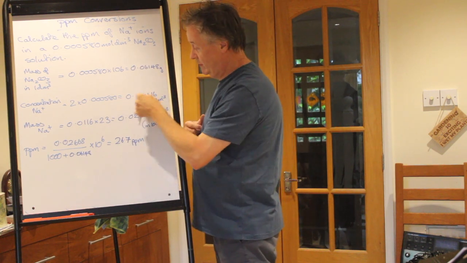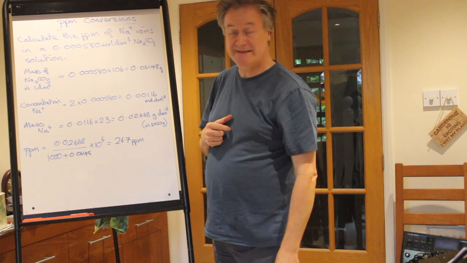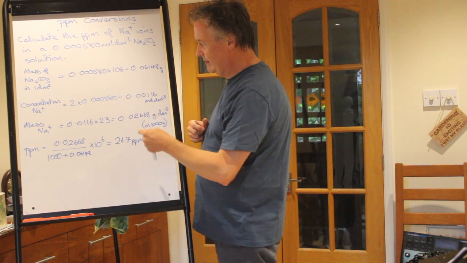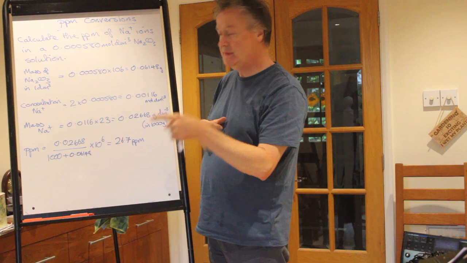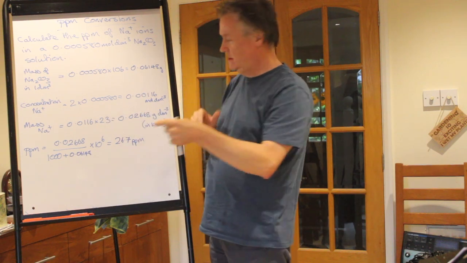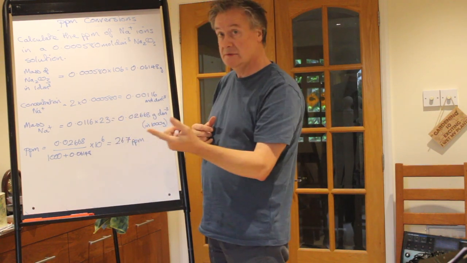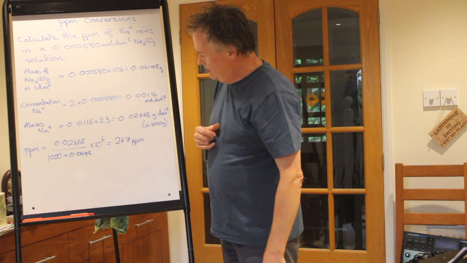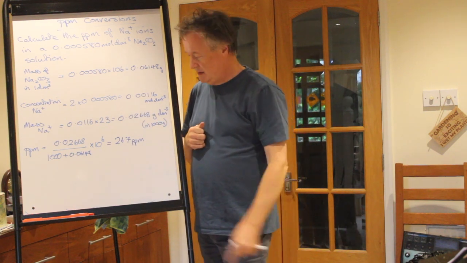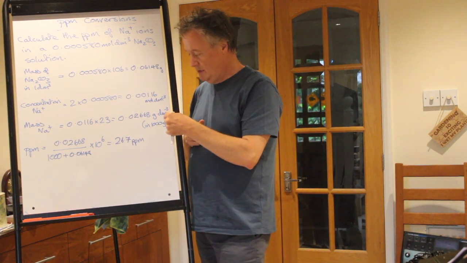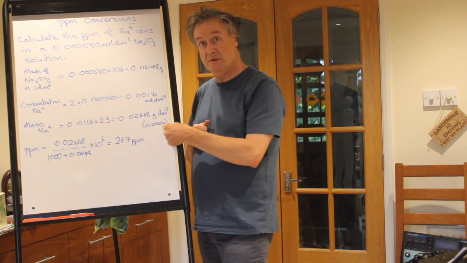And therefore it's 0.00116 moles per cubic decimetre. The mass of sodium that equates to in a whole decimetre cube is, mass of sodium is 23, so therefore it's 0.02668 grams in a decimetre cubed, and that's in 1,000 grams of water.